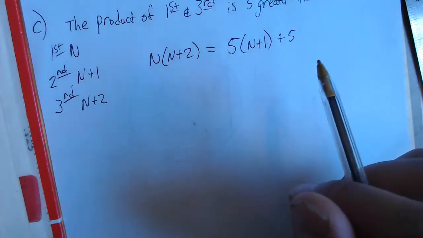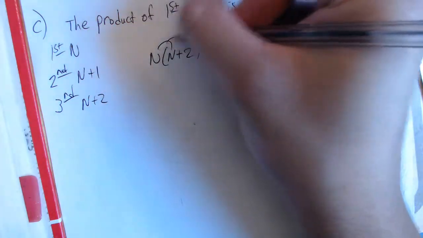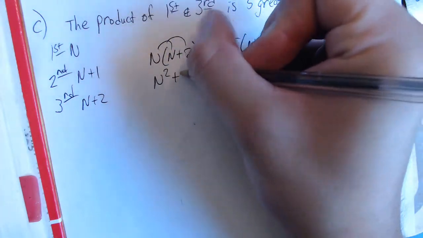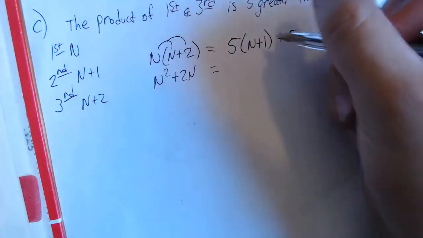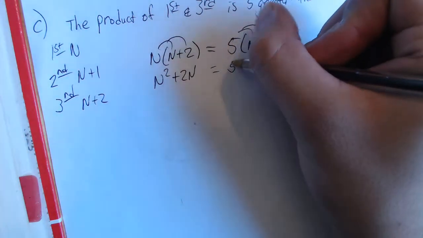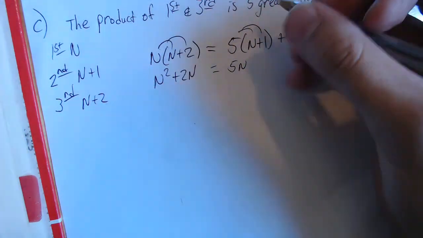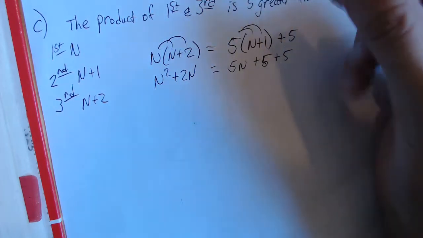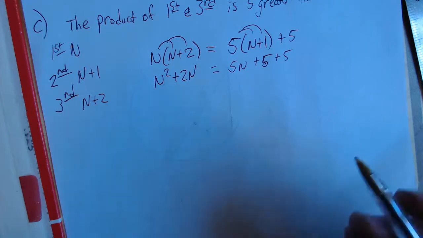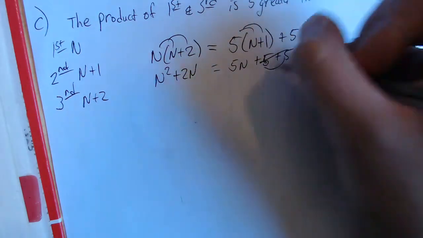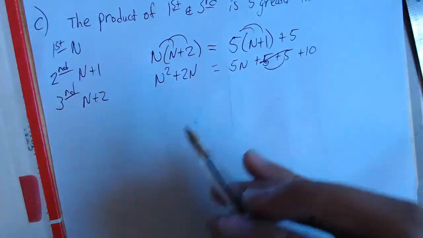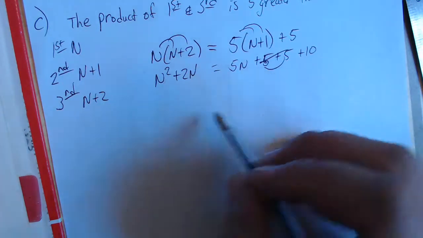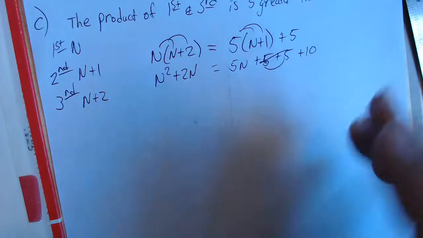So now all we have to do is just solve this equation, right? So we'll distribute this. That gives us n squared plus 2n. And that's going to distribute and give us 5n plus 5. And then plus another 5. So I'll go ahead and combine these. That'll become plus 10. And I'll move all my n's to one side, and you can already see I've got a quadratic here.